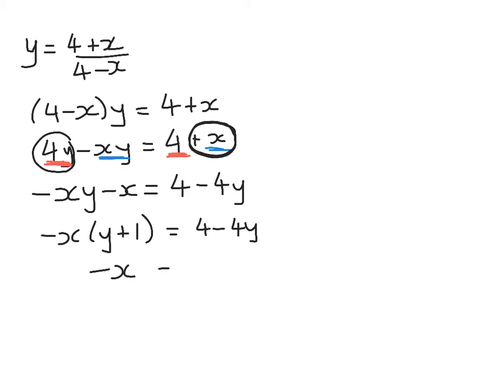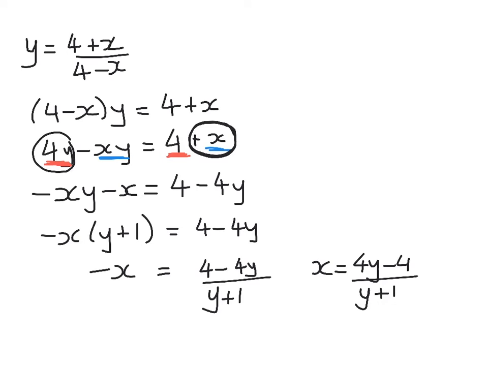I get negative x equals (4 minus 4y) over (y plus 1). So x is equal to (4y minus 4) over (y plus 1). So I've multiplied both sides through by negative 1. So that's my final answer there.